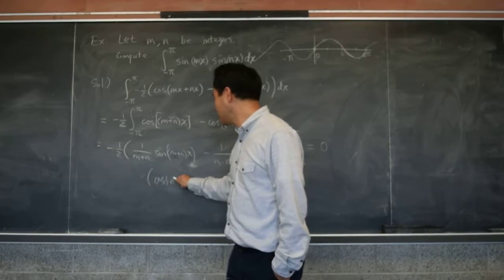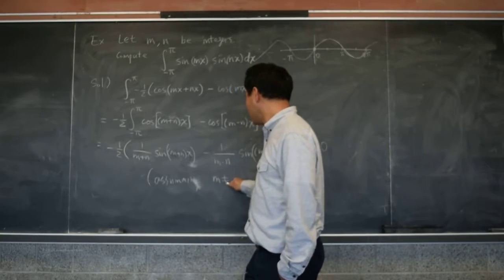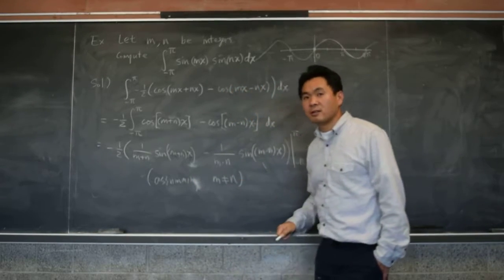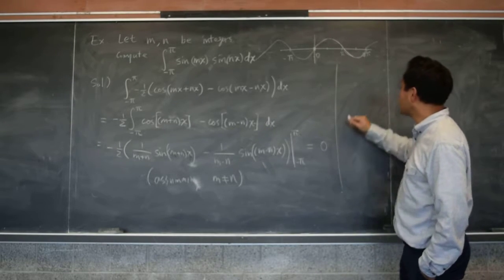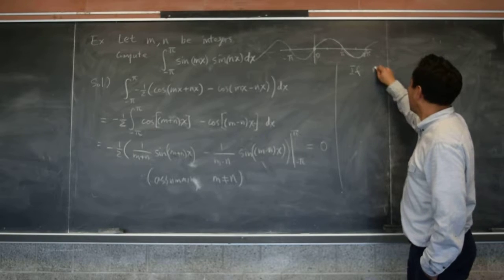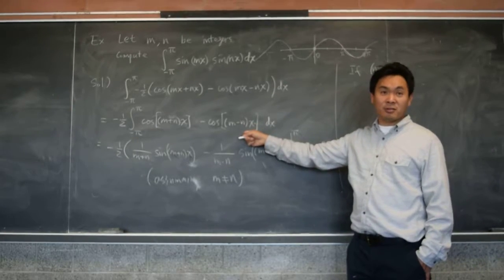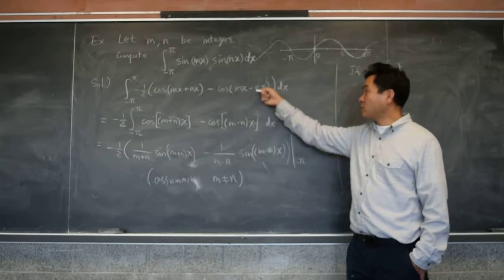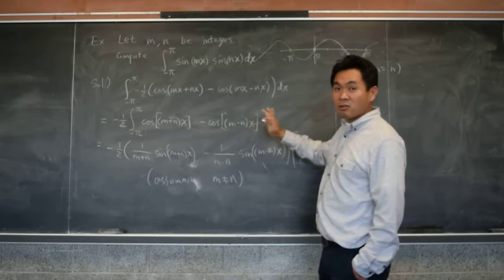Assuming m is not equal to n. But what if m is equal to n? What happens then? If m is equal to n, then this is still valid, right? From here to there, this is equal to this is equal to this. There's nothing wrong with this.